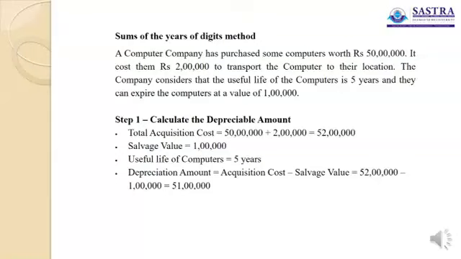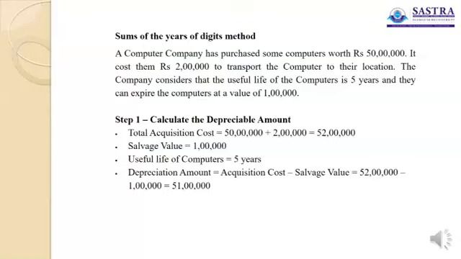Here, the sum of the years' digits method, a very great method for which a good example is given. To make you understand the sum of the years' digits method of providing depreciation, let me give a simple example. A computer company has purchased some computers worth rupees 50 lakhs.